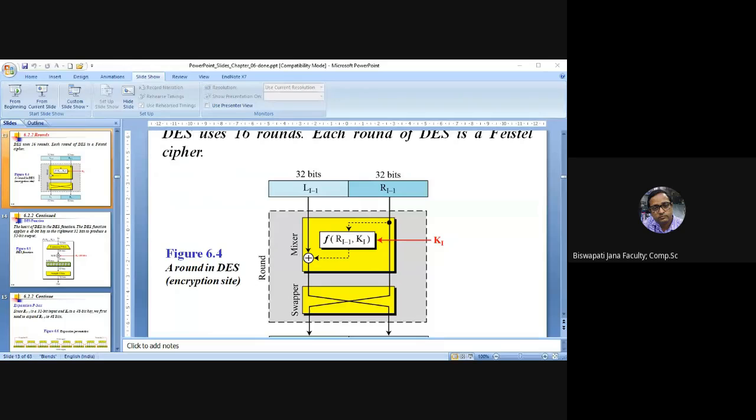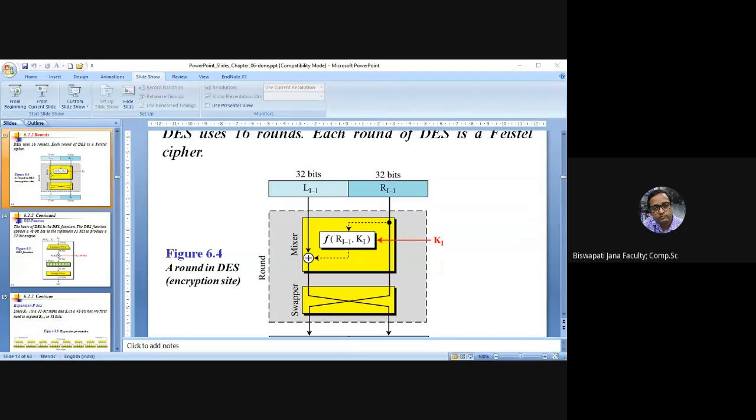Then we have the round. In the round, there are two things: the mixer and the swapper. In the mixer part, there is a function applied to R(i-1) with K1. K1 is the key. So using the key and the right side bits, we apply a function.